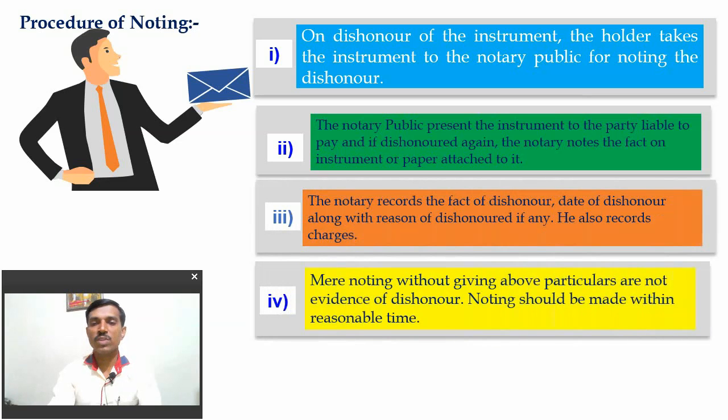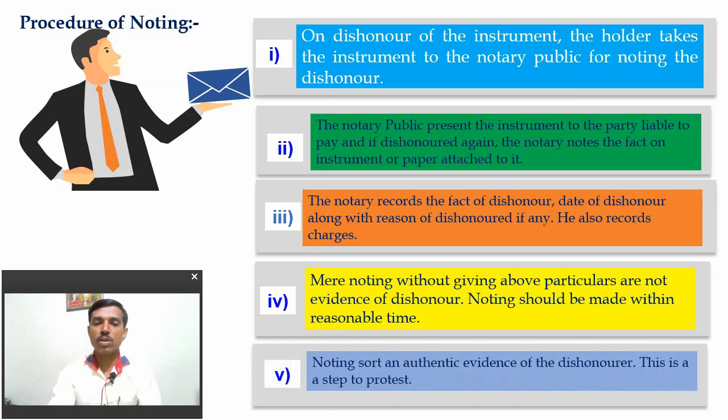Mere noting without giving the above particulars is not evidence of the dishonor. So noting should be made within a reasonable time, and the particulars are necessary in the noting. Noting is an authentic evidence of the dishonor.